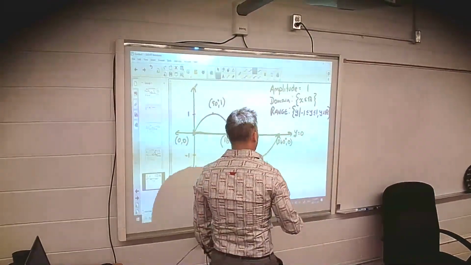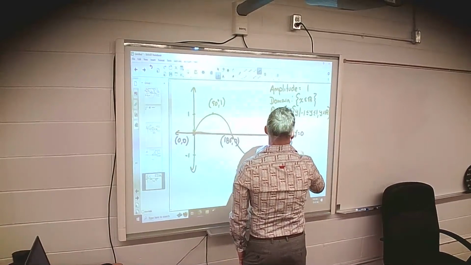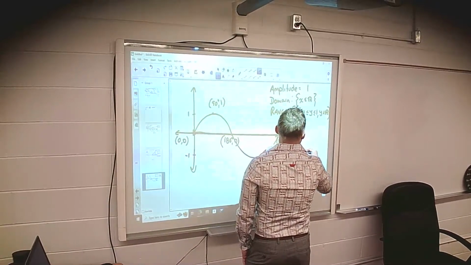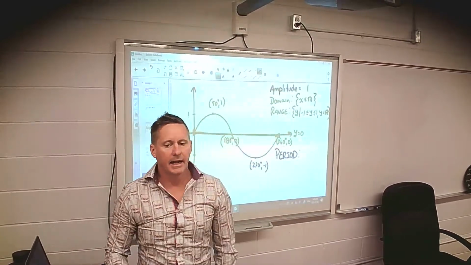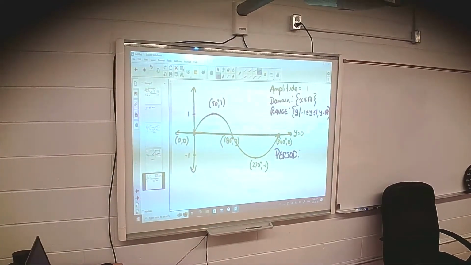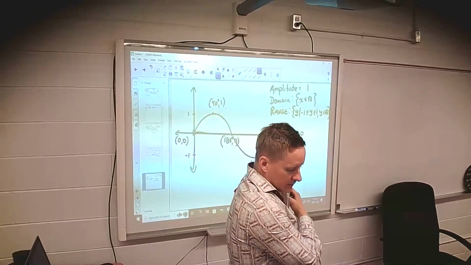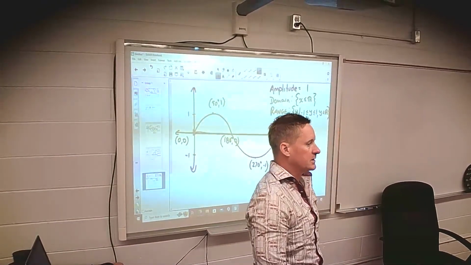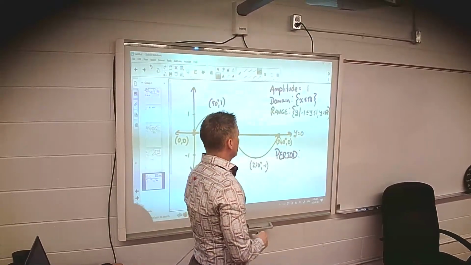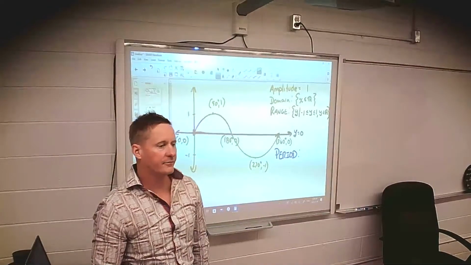Our period. Again, new to you. Change the color so you understand that this is new to you. Our period is, when does it repeat itself? When does this graph start repeating itself? After how many degrees?